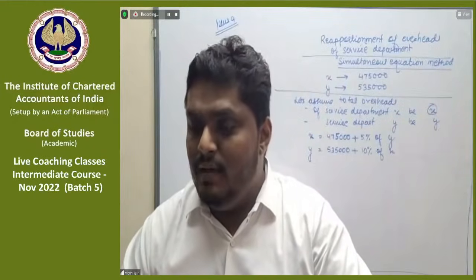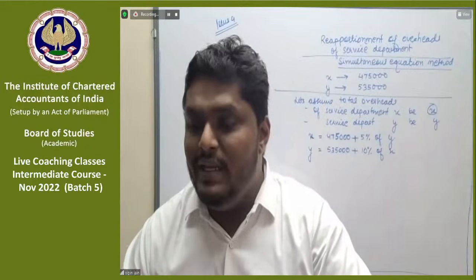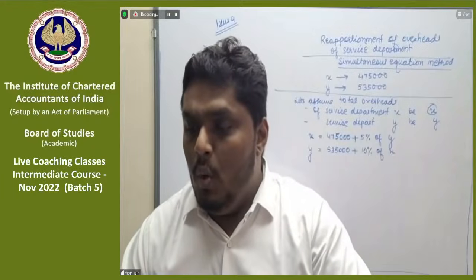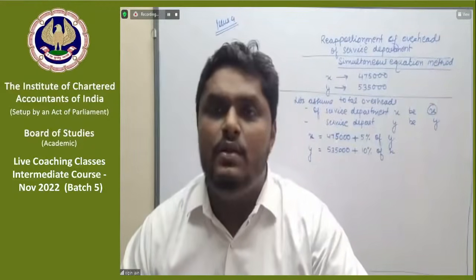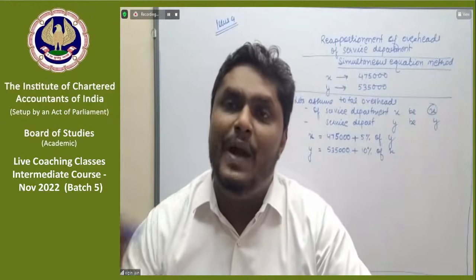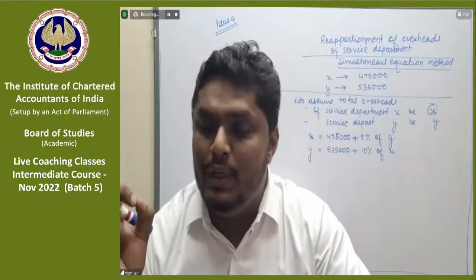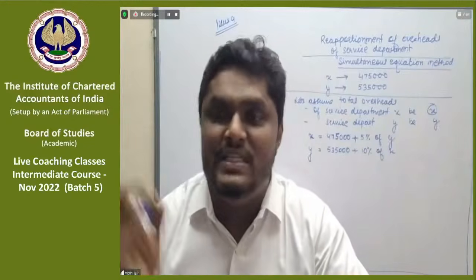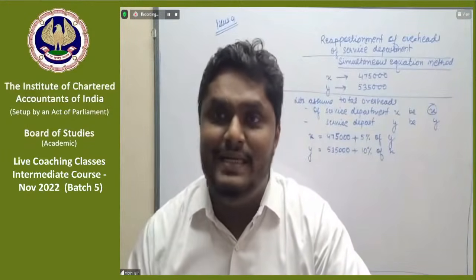So guys, a few students are asking, sir, why 5%, why 10%? Please refer to the question where it is given that service department X is providing services to A, that is 45%, B, that is 15%, C, that is 30%.